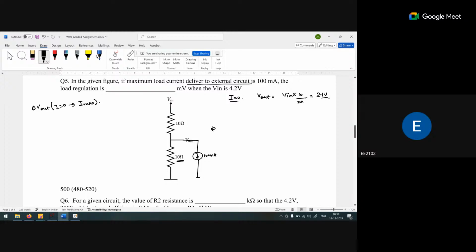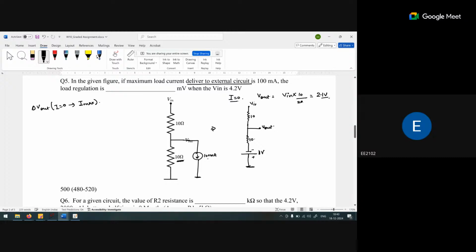Okay, so when 100 milliampere is delivered, this is the current and resistance. Can I change it as a voltage source? So the circuit is like this one and one voltage source. The current is flowing in the downward direction, so I am taking the battery direction as minus and plus. The voltage drop across this resistance is 100 multiplied by 10, which is 1000 millivolt, so I am representing it as 1 volt. This is the Vout.